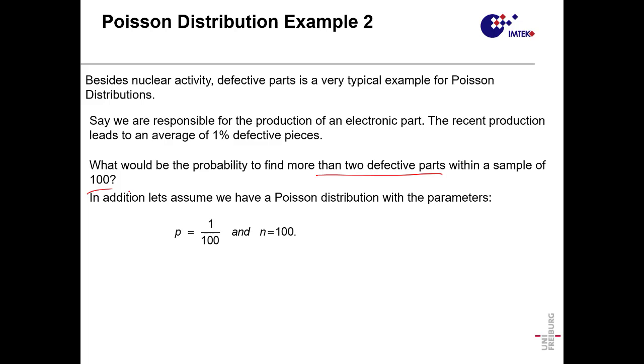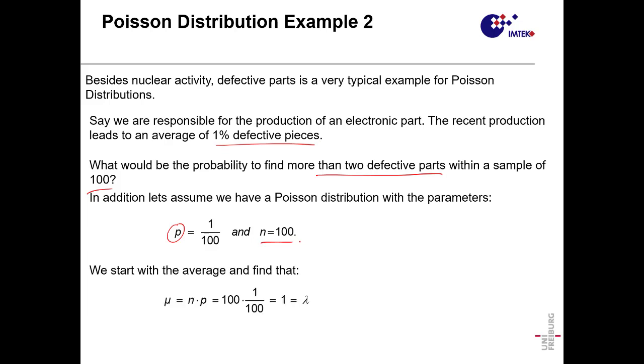Then you will have a Poisson distribution, right? So in this case, p is 1/100 because we already know, or we assume, that there is 1% defective pieces that you produce. And n is equal to 100 because our sample has n elements.